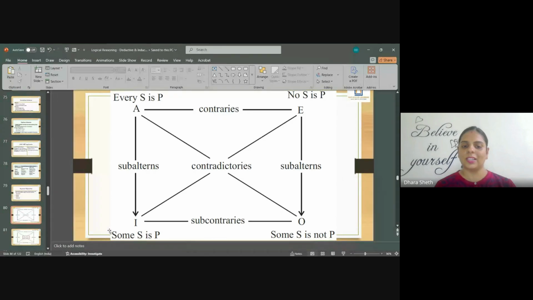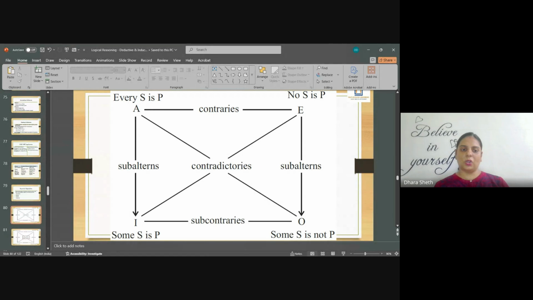I: some S is P, and O: some S is not P. This is the positioning of A, E, I, O in the square. First you need to remember that it doesn't go in a circle, it goes straight. A, E, and then I, O. It's not circular. It's A, E, and then I, O. It's linear, horizontal.